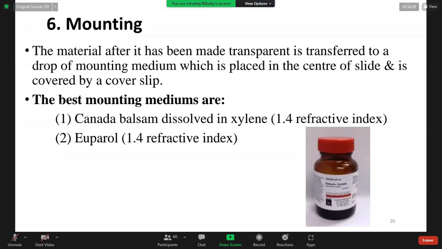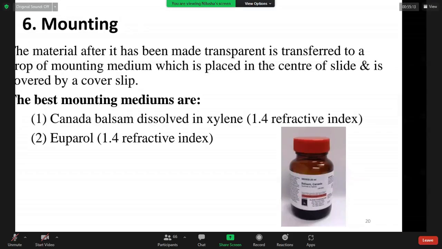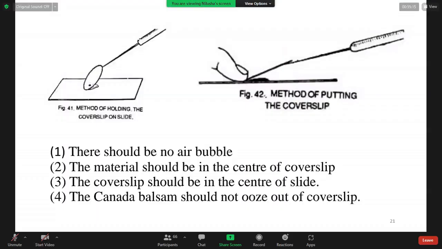That means first we put that mounting medium on the transparent slide. After that we have to cover it with the cover slip. In this picture, you can see how to put the mounting medium, and how to close that medium with the cover slip.